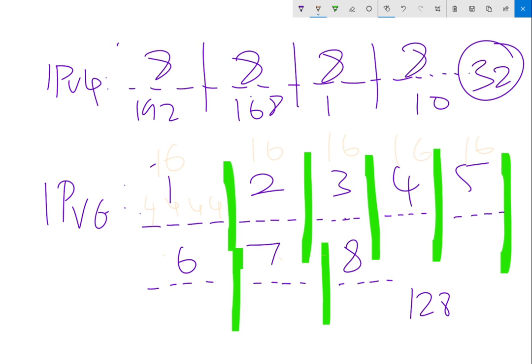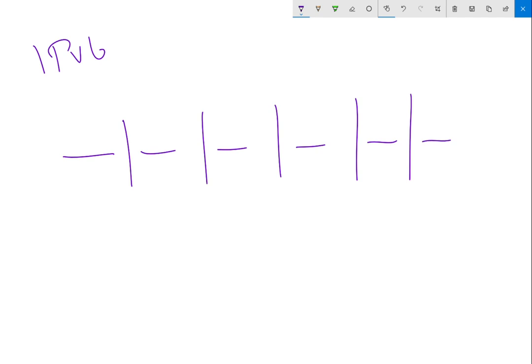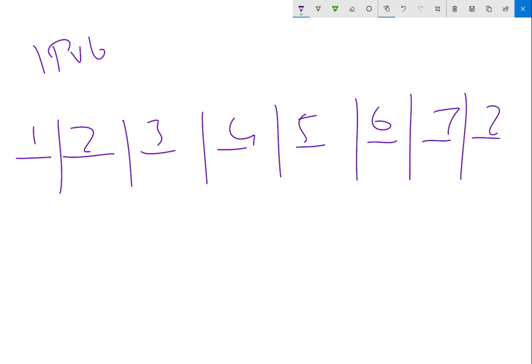That means the structure of your IP version 6 is 8 portions. One, 2, 3, 4, 5, 6, 7 and 8.